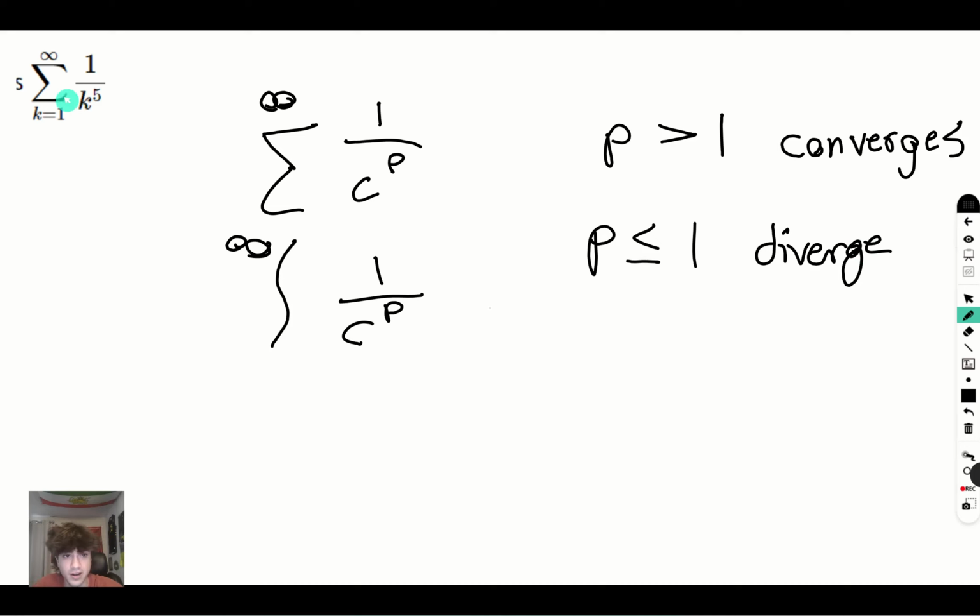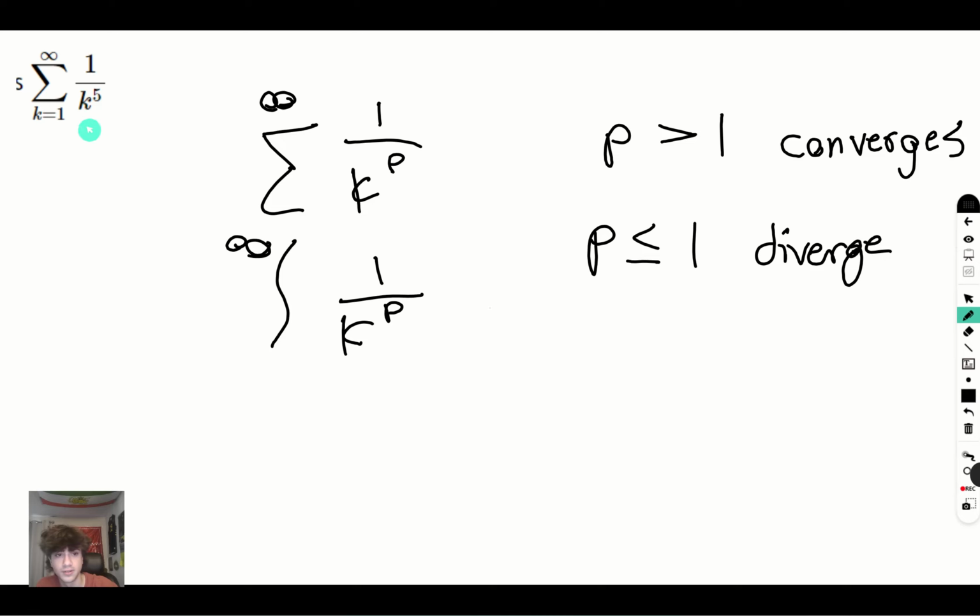So let's take a look at our practice problem here. This isn't a constant, rather, p is a constant. This is going to be our sum, with our variable starting at a finite value and going to infinity.